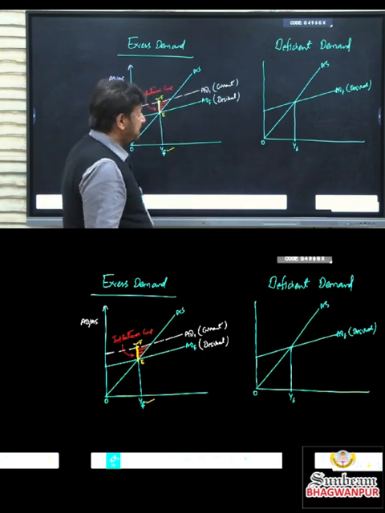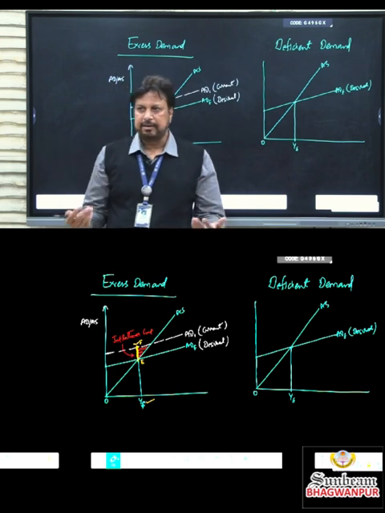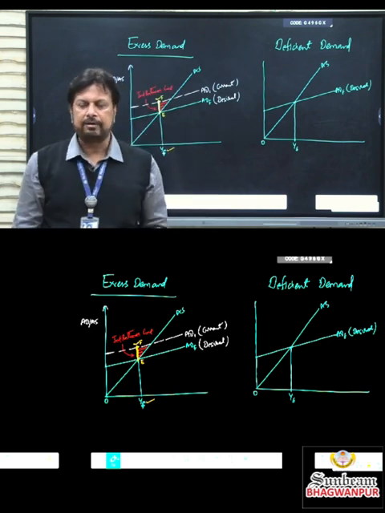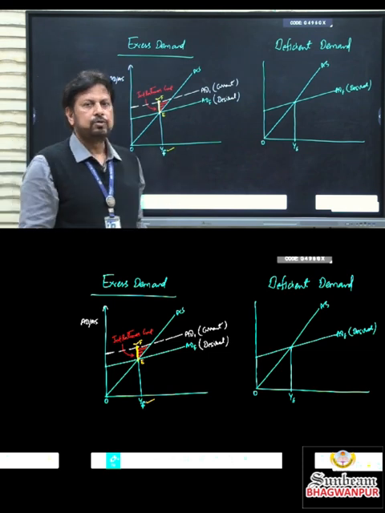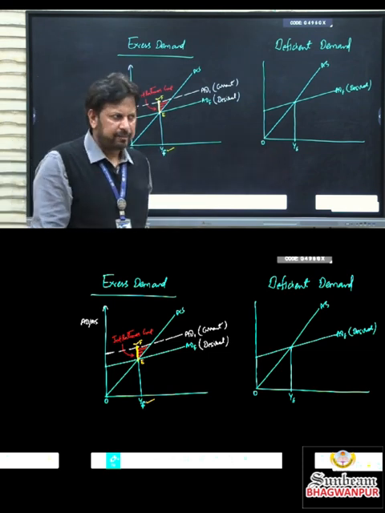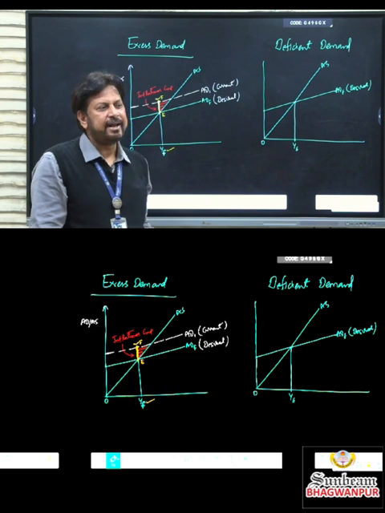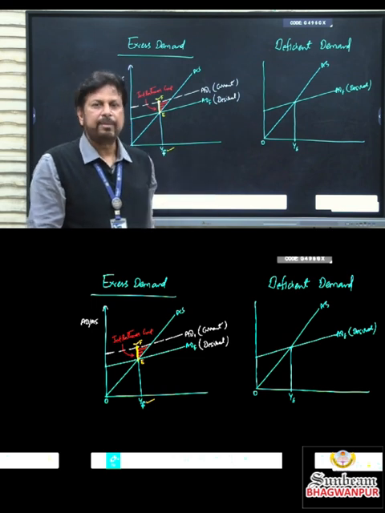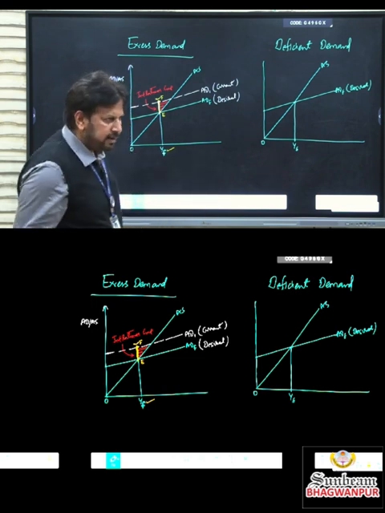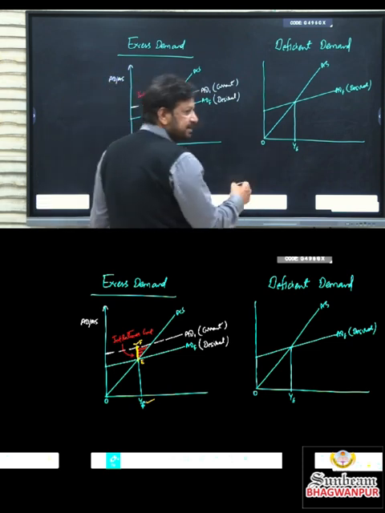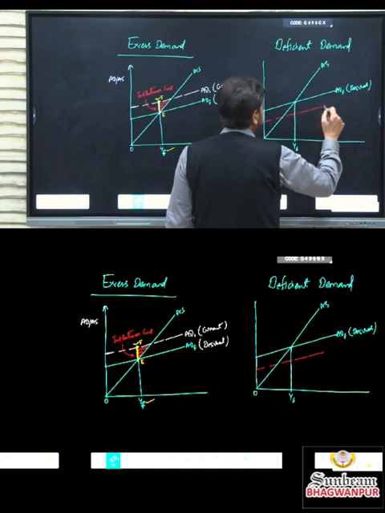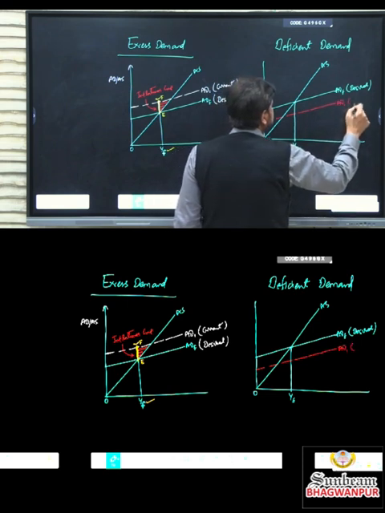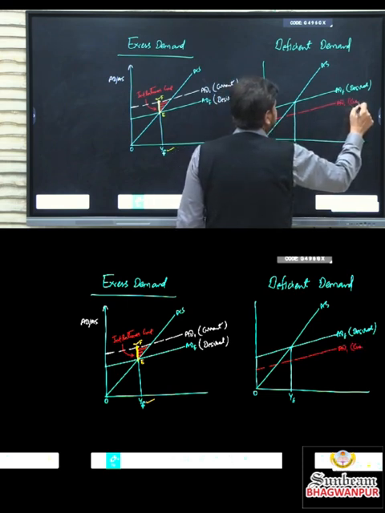But the actual AD is less than it, or the current aggregate demand is not sufficient to reach full employment equilibrium. Aggregate demand economy में sufficient नहीं है जो economy को full employment पे पहुंचा दे. जो actual AD है, current AD है, is less than our desired aggregate demand. This is the current AD.